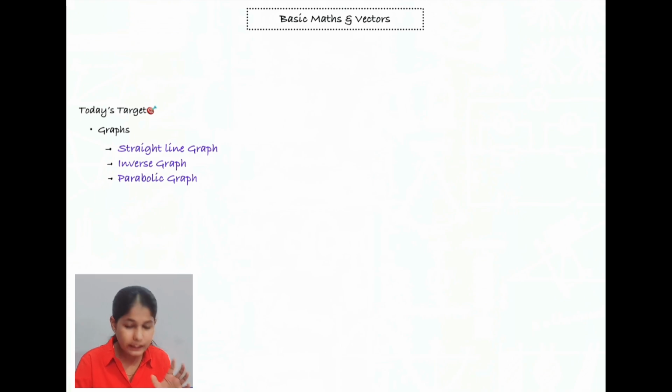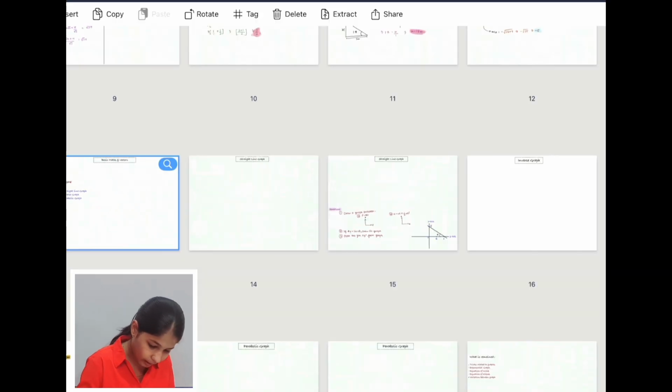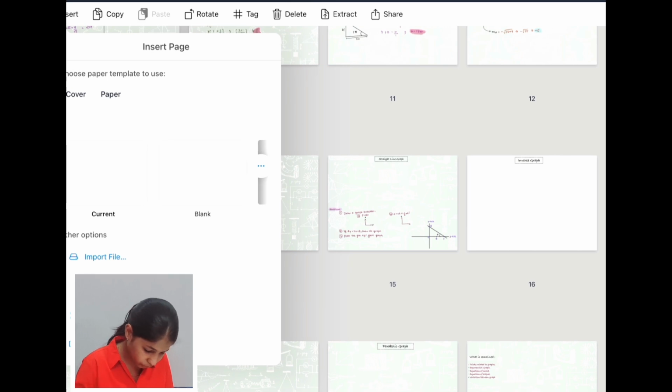So let me draw here. Some basic information is important now. First of all, there are some important concepts which are important for you to know.